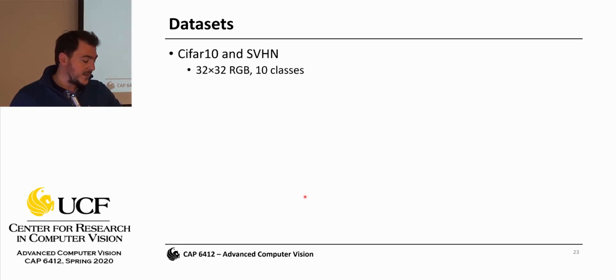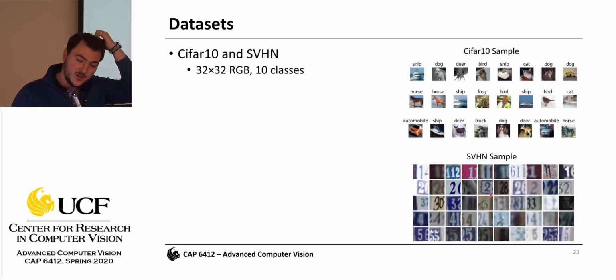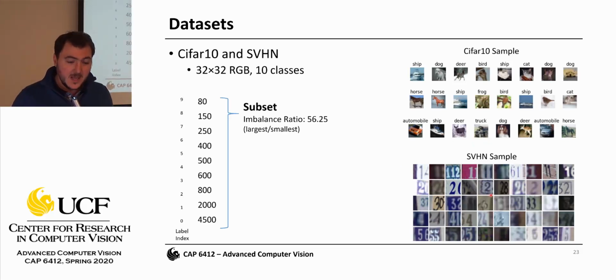They also test this method on different data sets, on the CIFAR10, on the Street View House Number as well. Interesting to notice, those are RGB images, so we have now 3 channels, right? 32 by 32, also still with 10 classes. On the right here, we can see how the CIFAR10 samples look like and how the Street View House Number samples look like.